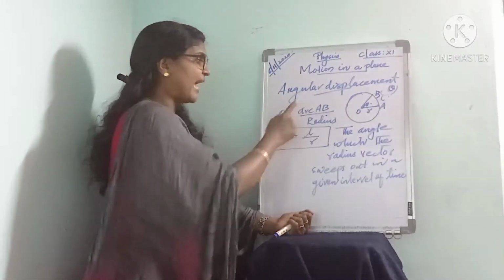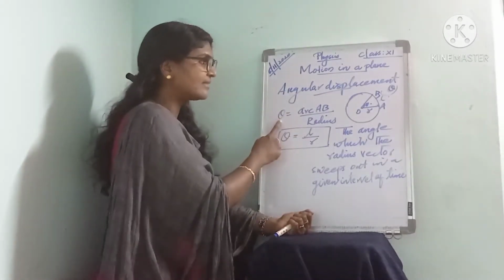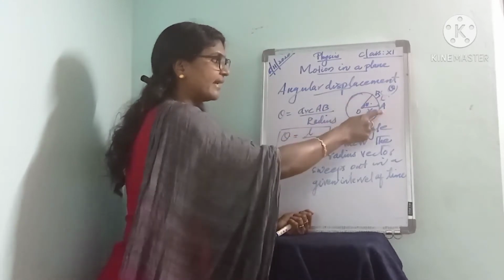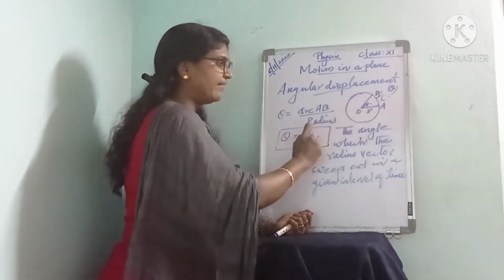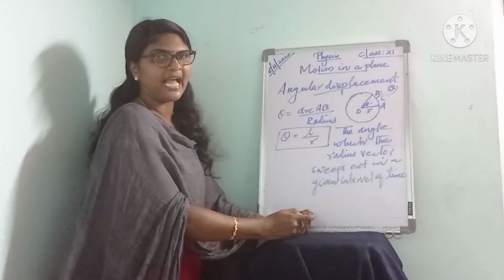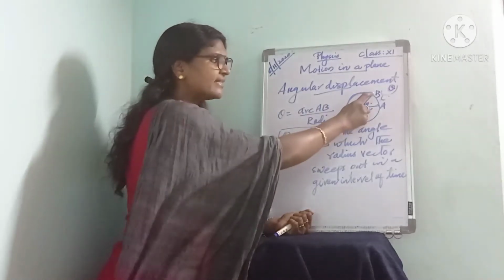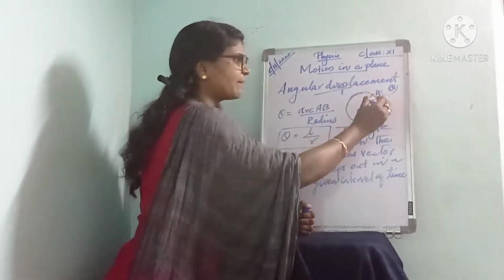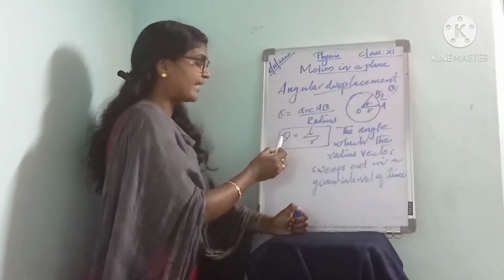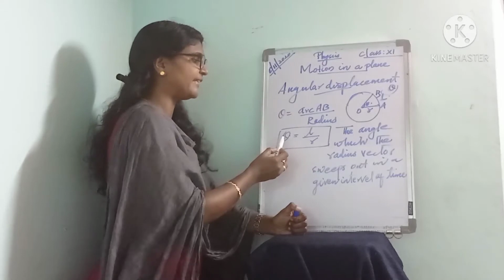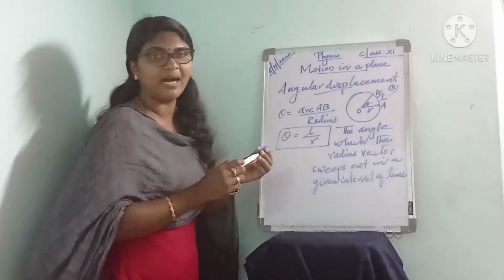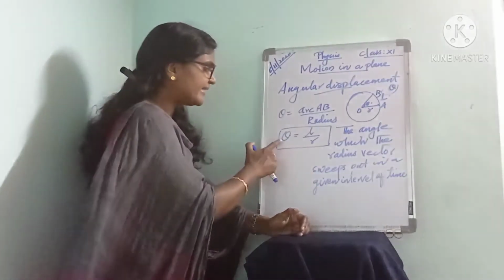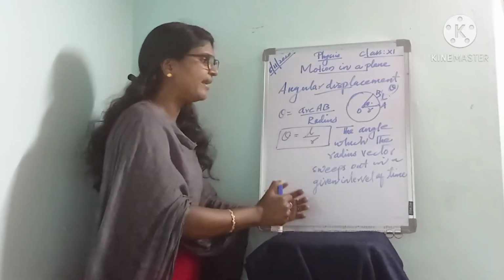We can write the angular displacement theta as the arc length, arc AB, divided by the radius. This arc length is represented by the letter L. So the angular displacement theta equals L divided by r.